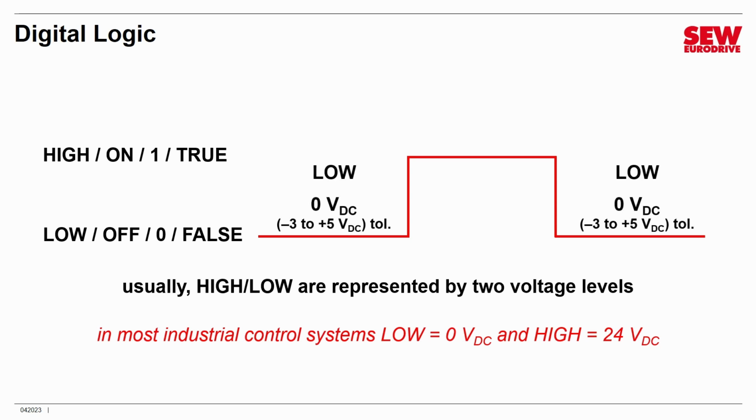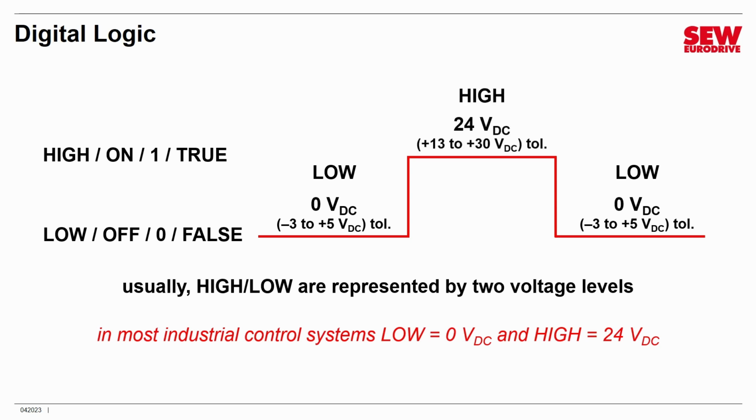Now, with MOVI drive technology and other similar VFDs that SEW puts out, we define low as nominally 0 volts DC, but actually you can go anywhere between -3 and +5 volts DC and have it considered a low. There's a window, in other words, where the voltage can be, and as long as it's within the window, the signal is interpreted as low.